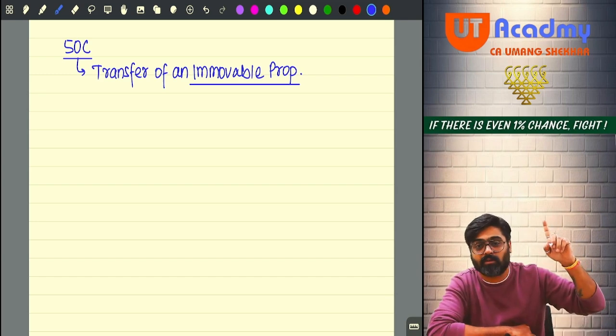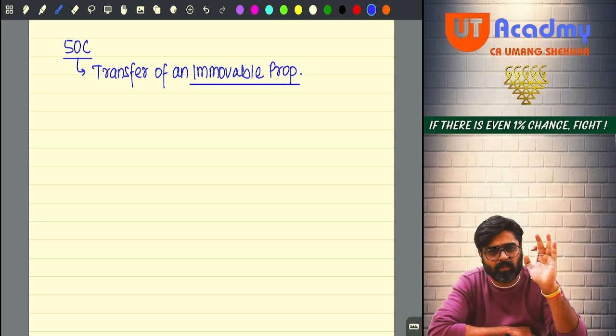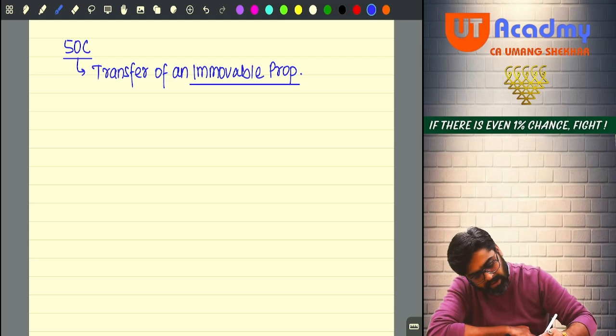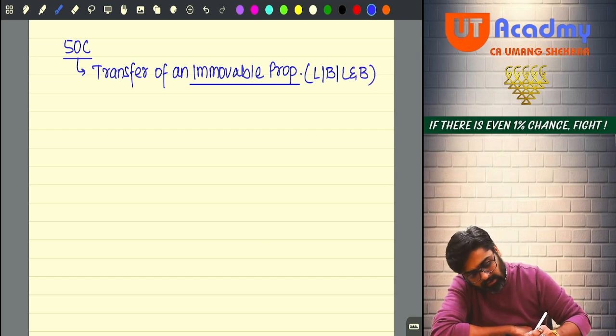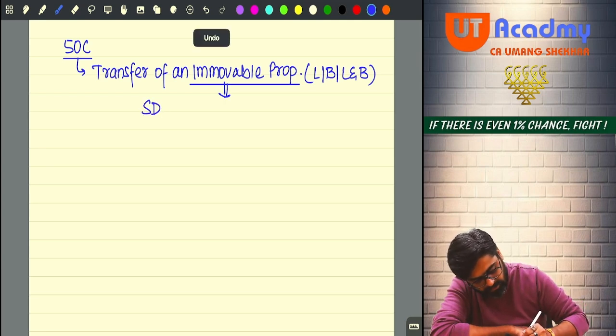That is not a capital asset only. Other than rural agricultural land, all the immovable properties are covered. Meaning, any land can be there, yes sir. Any building can be there, yes sir. Any land and building can be there, yes sir. Now, this immovable property is transferred. So, on transfer of this immovable property, the stamp duty value, what did I say? Stamp duty value, meaning the SDV of this property was higher than its sale consideration.